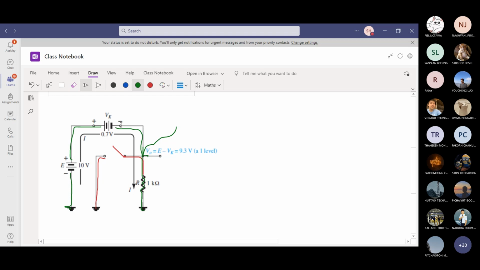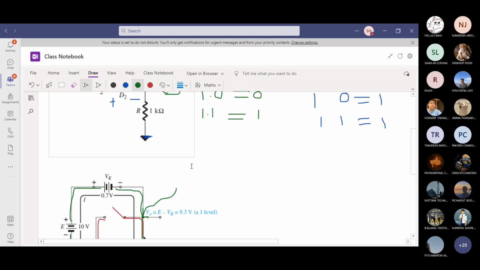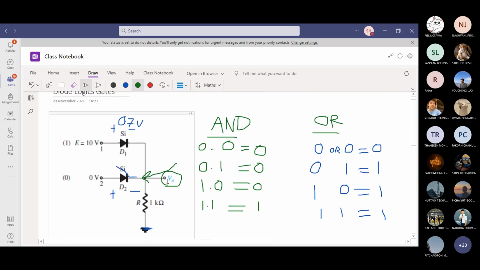VK is the diode on volt, 0.7. 10 minus 0.7, it's a 9.3 volt. A 9.3 volt is considered a high level for Boolean logic. There's something called transistor logic, which is not part of this course, but 9.3 volt is high enough to be considered level 1. So you have a high output.